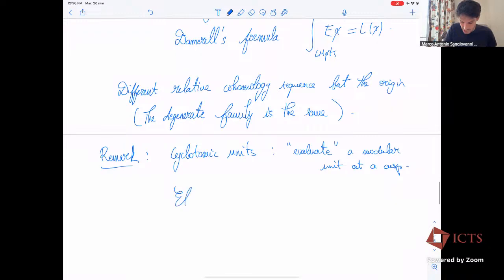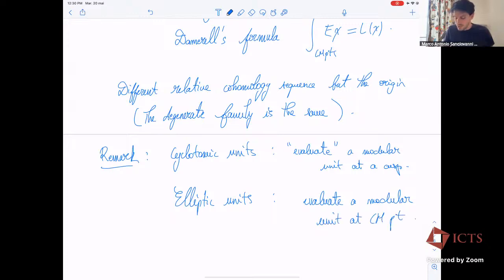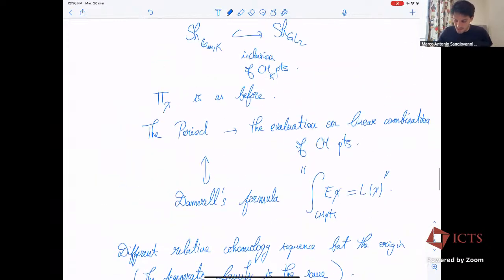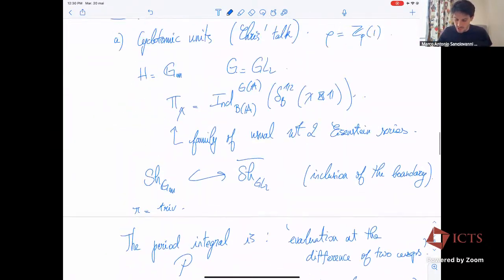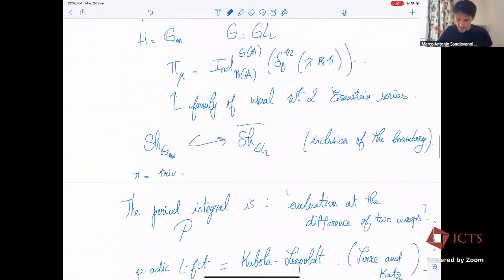And for elliptic units, it's just again, this time you really evaluate a modular unit at a CM point.